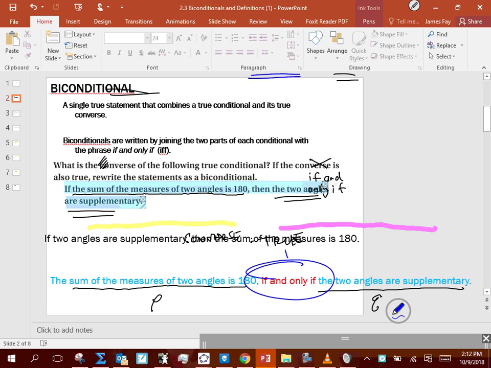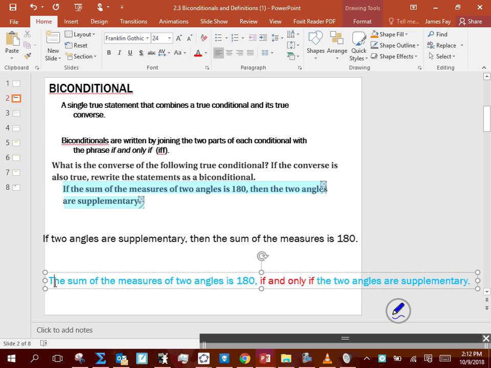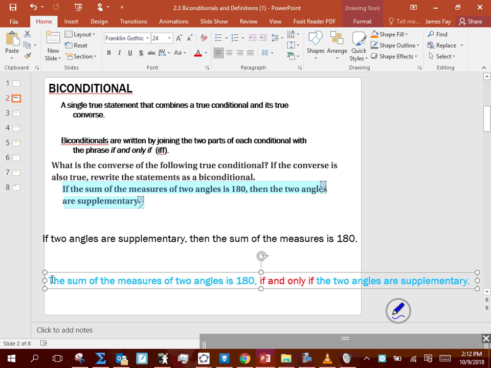What's the benefit of this? If I want to, as an author or a publisher, relay information to people, within this statement I have 19 words.